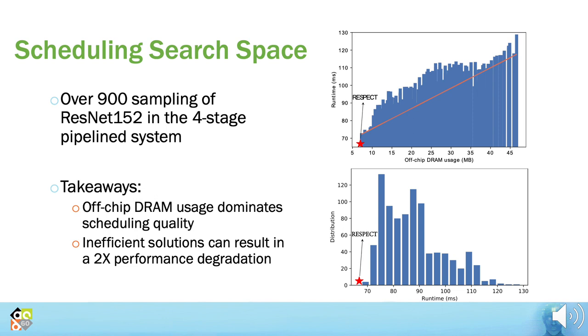Our analysis gives us a few key insights. First, off-chip DRAM usage significantly influences scheduling quality. Besides, the chosen scheduling solution can significantly impact the efficiency of the pipeline Edge TPU system. In fact, an inefficient solution can potentially double the runtime.